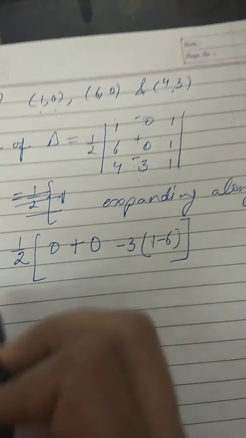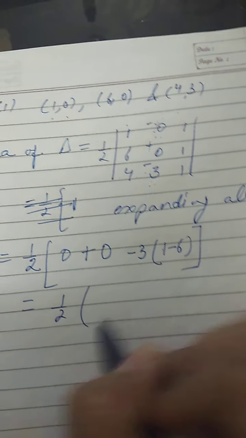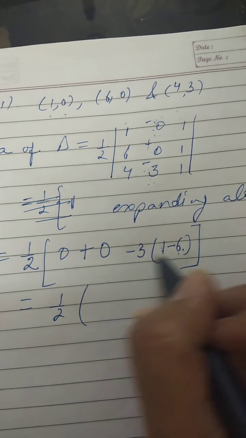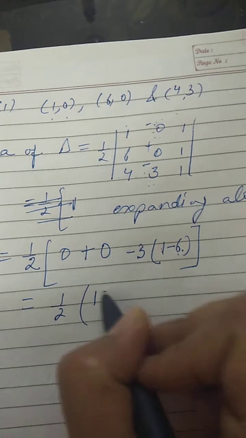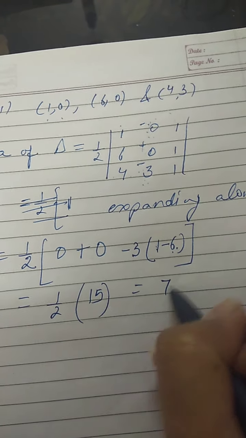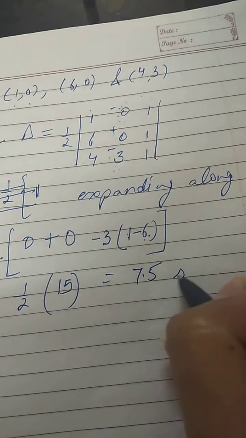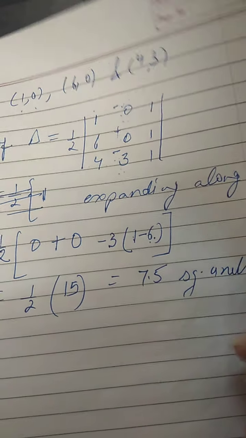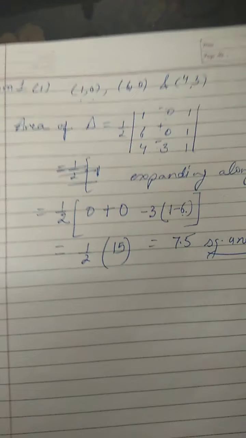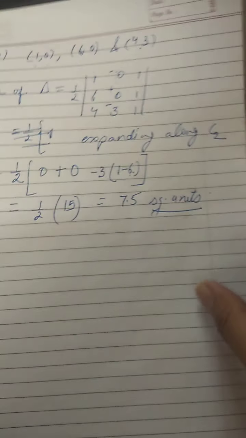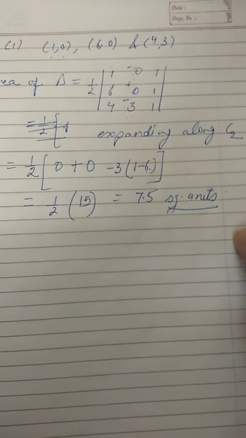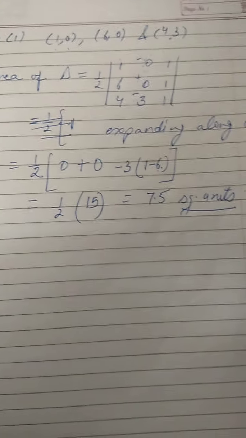That's it, right? So 1 by 2 into 1 minus 6, that is minus 5. Minus 5 into minus 3 is 15. So the answer will be 7.5, and we will write down here square units because we are finding the area of the triangle. So definitely we have to take the units as square units, right?